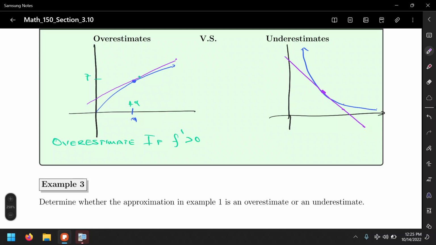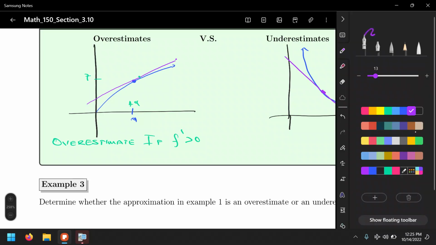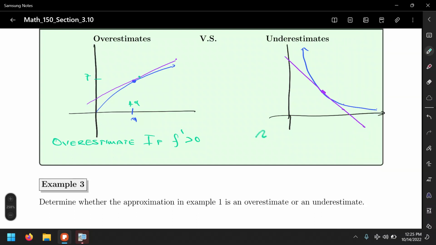And we know that also by looking at the value of the slope. So in this case, if the slope is negative, it's an underestimate. It's an underestimate if the derivative is less than 0, a negative value, right?